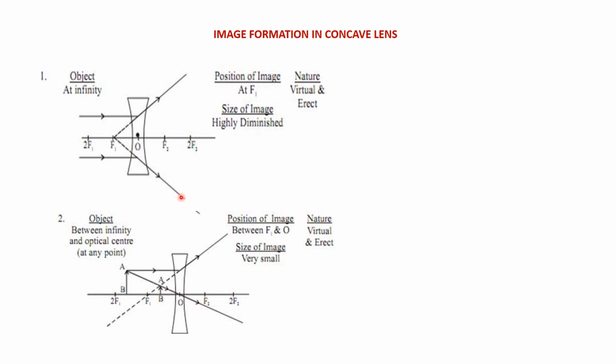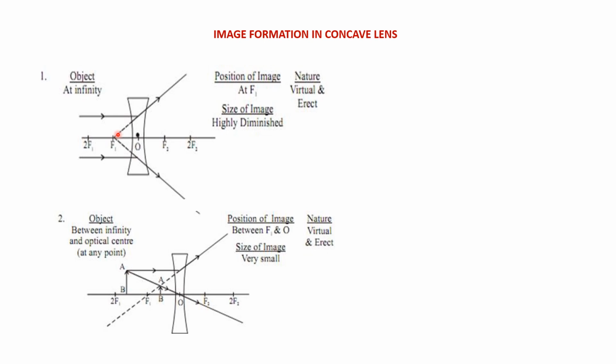Then just produce the first ray back and the second ray also back. Wherever they meet, this is the principal focus of the concave lens. F1 is the principal focus of the concave lens.